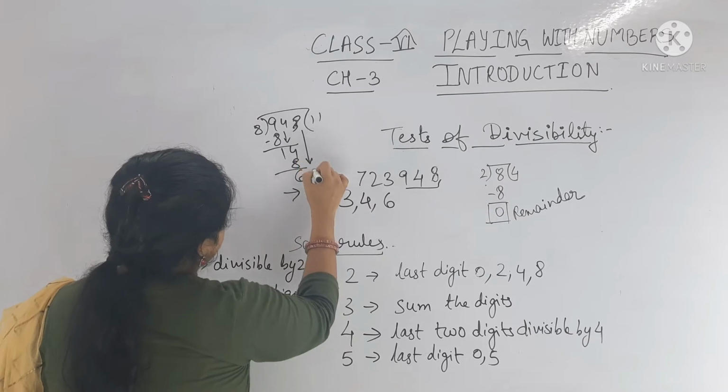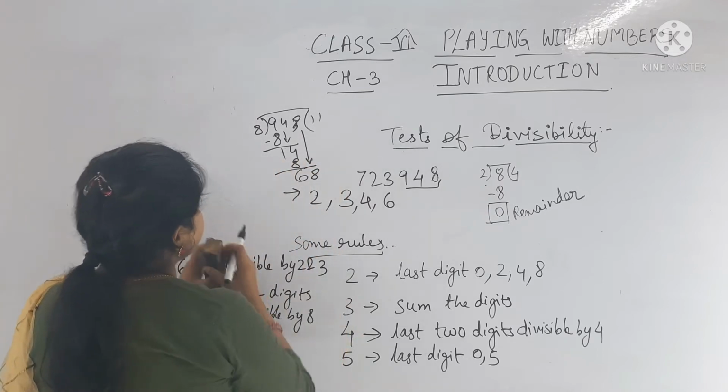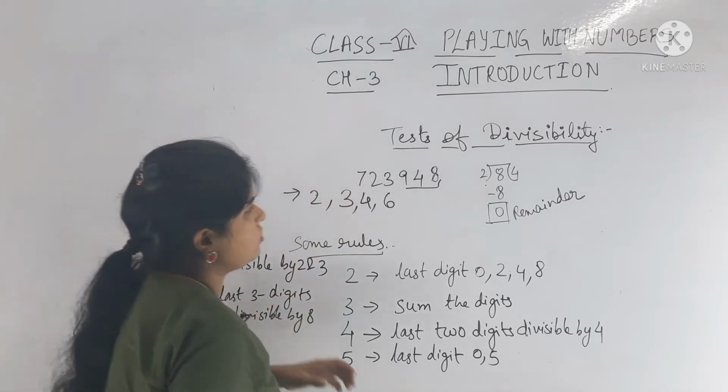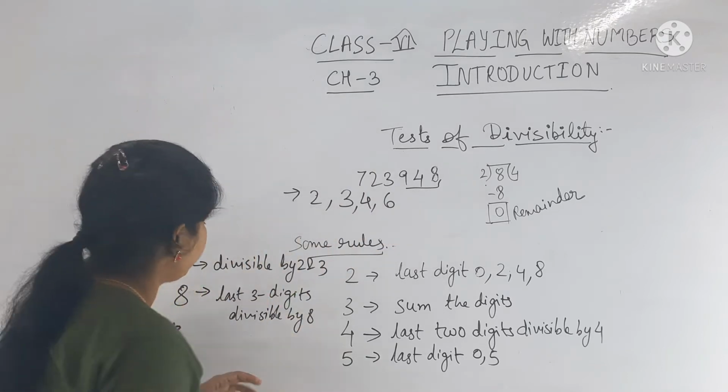Here we are getting 68. 68 is not divisible by 8. It is not divisible by 8. Okay, so you have to divide the last 3 digits by 8.